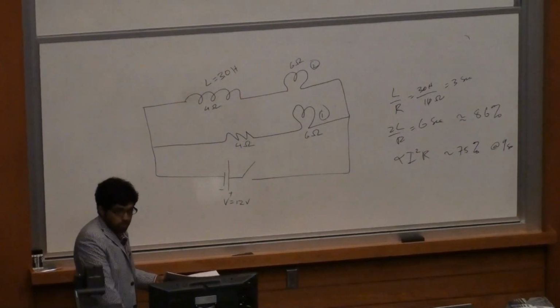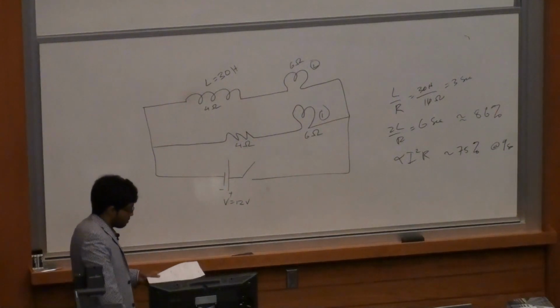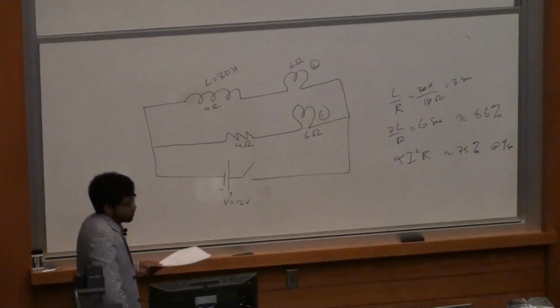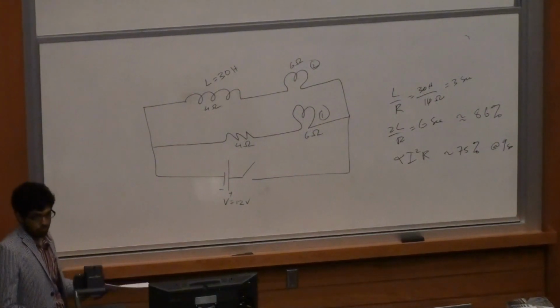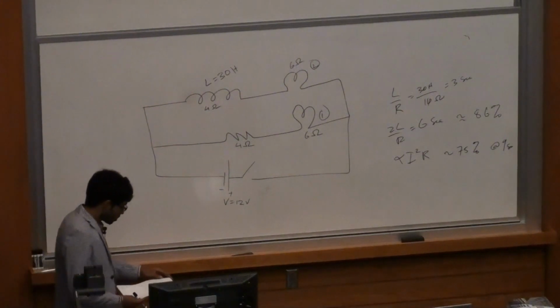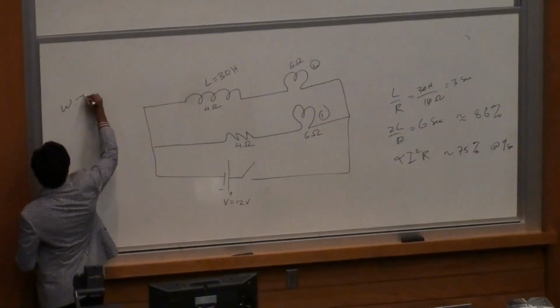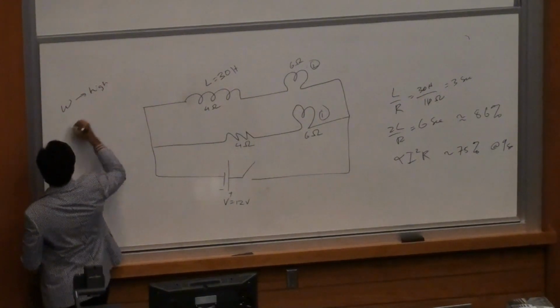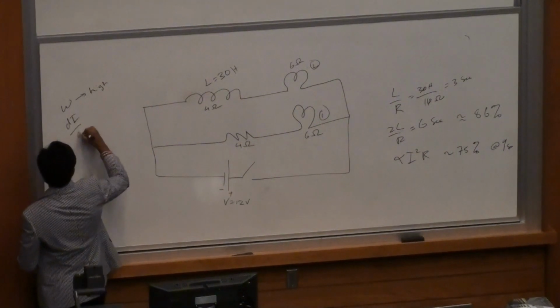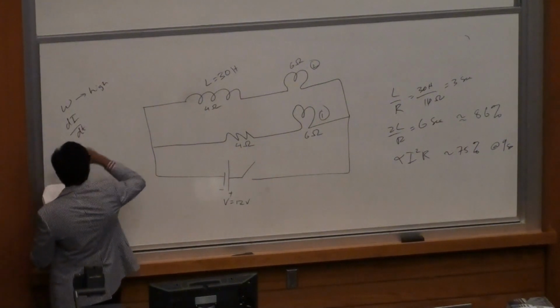The current will be lower. Exactly, so the maximum current would be lower. And if the frequency is low, the maximum current would be higher. So if omega is high, then my change in current is also very high.